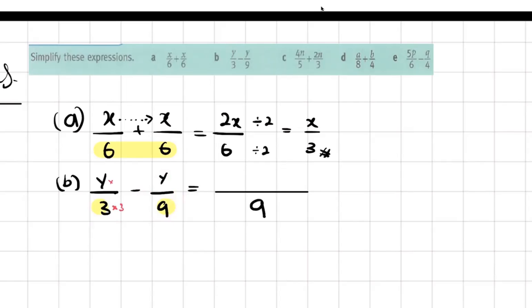Multiply by 3, multiply by 3. So when I multiply by 3, this comes here, 3y, and then minus 1. Our answer will be 2y over 9.